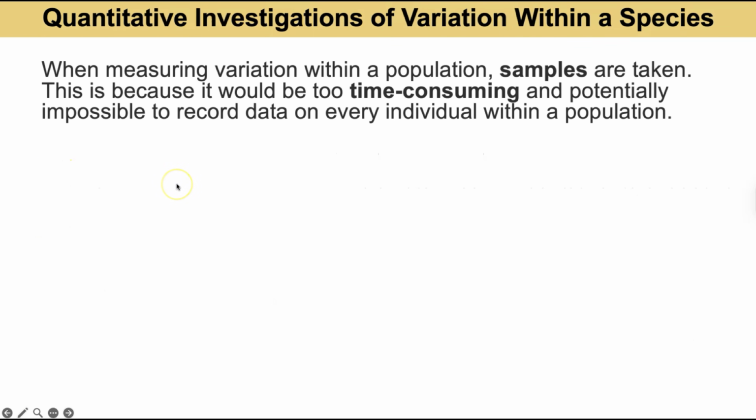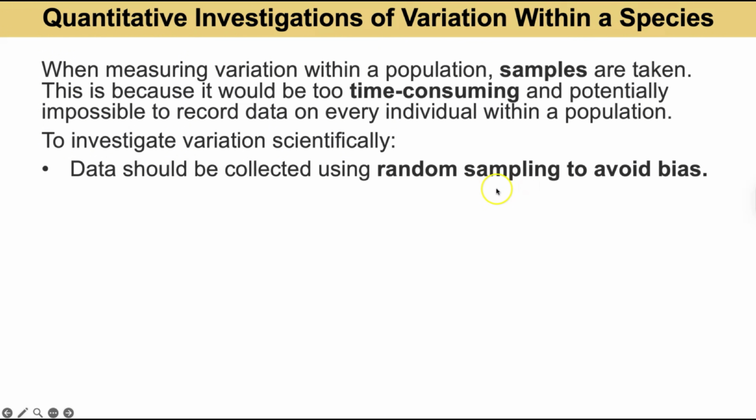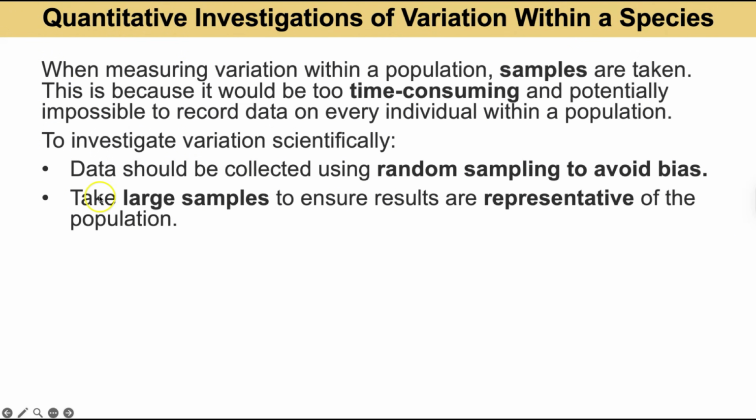So when measuring variation within a population, this is where we get the concept of sampling, because we'd take samples because it'd be too time consuming to literally measure it for every individual organism, and it might not be very accurate. So to investigate variation scientifically by doing sampling, you have to make sure that you're doing random sampling to avoid bias.